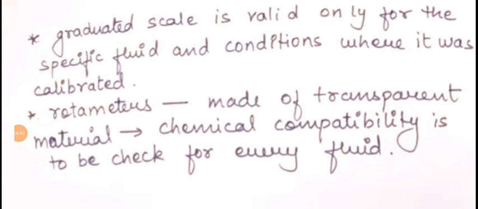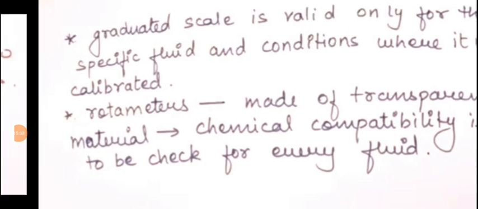Chemical compatibility is to be checked for every fluid, since the glass material is acting with the fluid. So we need to check the chemical compatibility. That is another disadvantage of the rotameter.